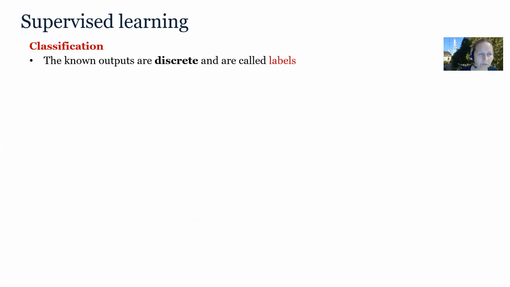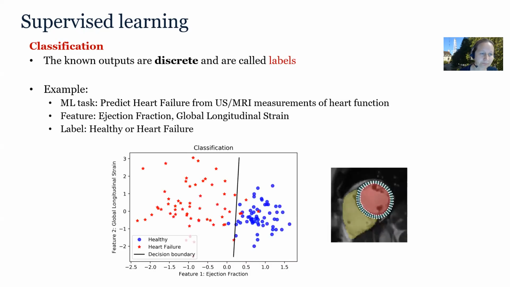A different type of supervised machine learning task is classification, and here the outputs are discrete. And the discrete outputs are called labels. We have already seen an example of classification, which is prediction of heart failure from ultrasound or MRI measurements of heart function. So examples of such useful measurements are ejection fraction and global longitudinal strain.